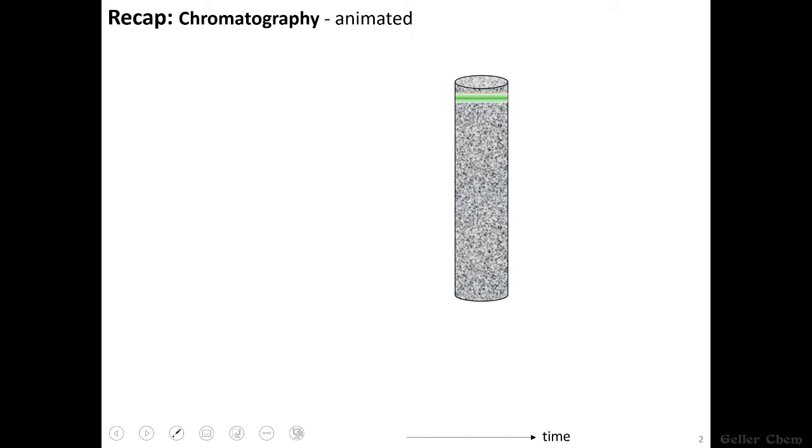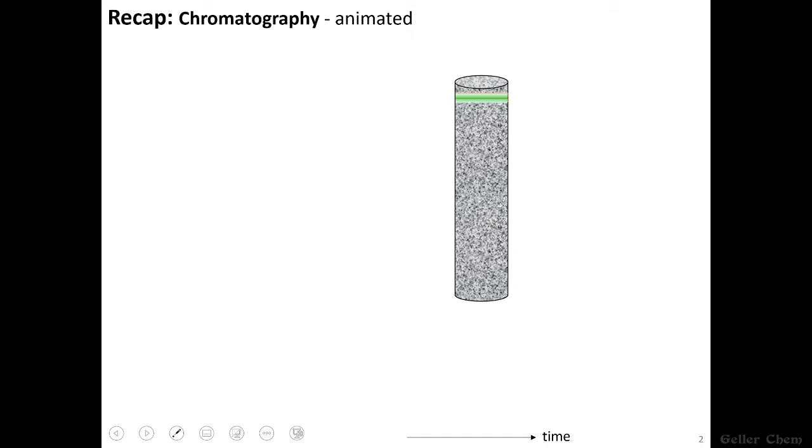And so the more that the solute interacts with these stationary particles, the slower it's going to travel through this column. And that's going to allow for our chemicals to start separating from one another as some travel through the column faster than others, because they're not interacting with these stationary particles, or stationary phase, as much.